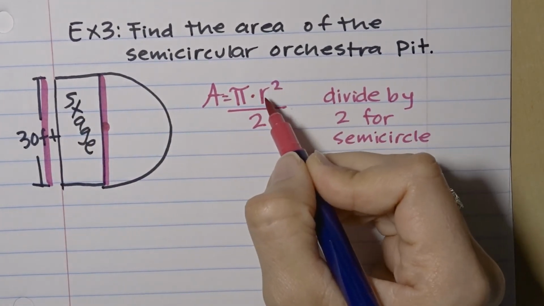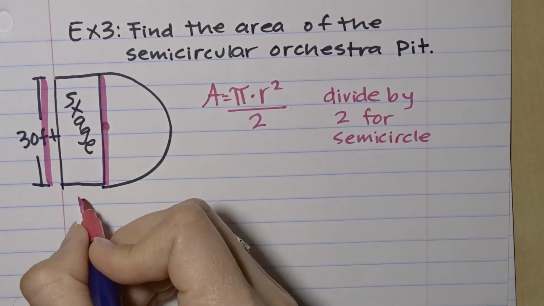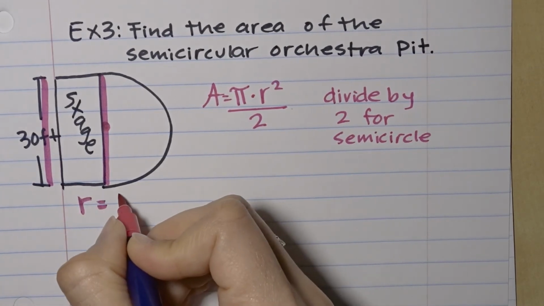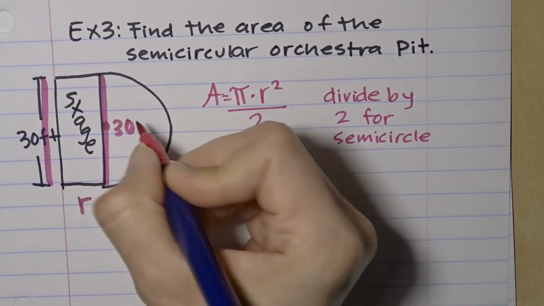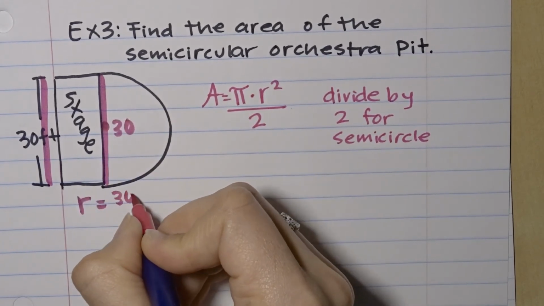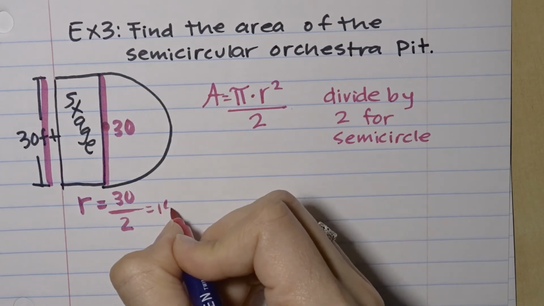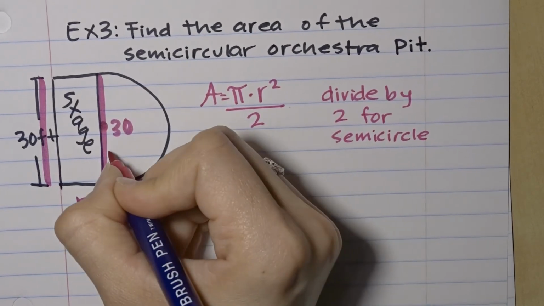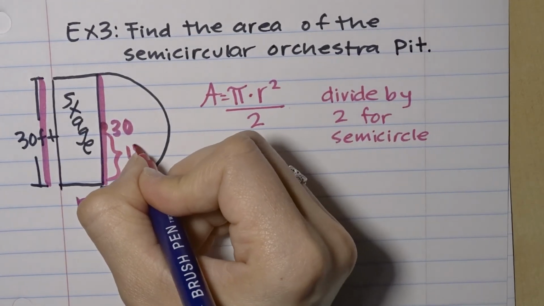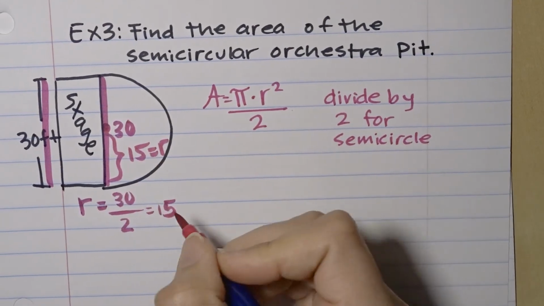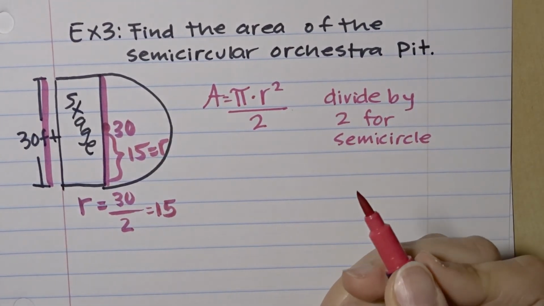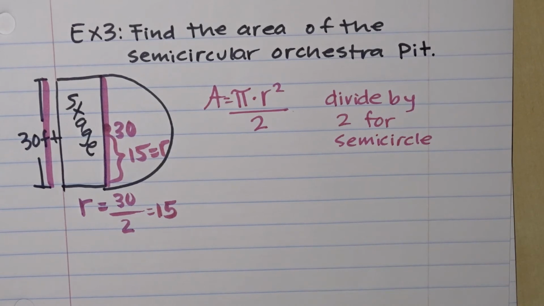We want the radius. So I'm taking the diameter, which all the way across was 30, and I'm going to divide it by 2. So my radius is now 15.